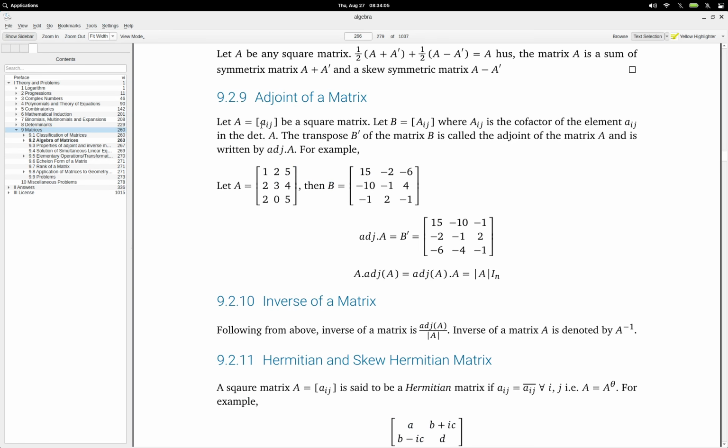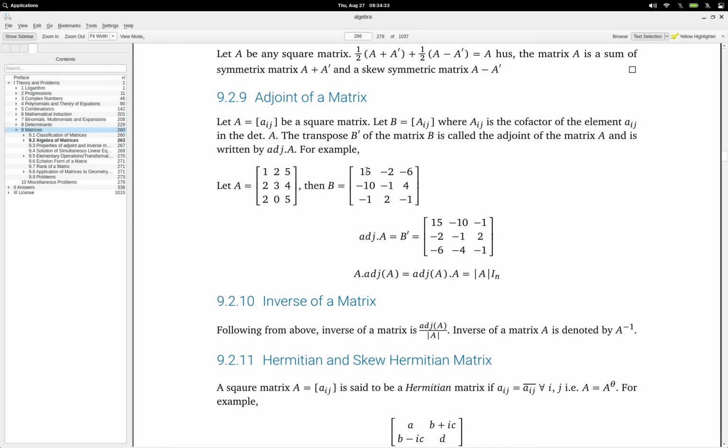Then we have adjoint of a matrix. Let A equal to [aij] be a square matrix and B be a matrix consisting of capital Aij, where Aij is the cofactor of the element aij in the determinant A. The transpose B prime of the matrix B is called the adjoint of the matrix A and is written as adj A. For example, A is equal to 1, 2, 5, 2, 3, 4, 2, 0, 5.